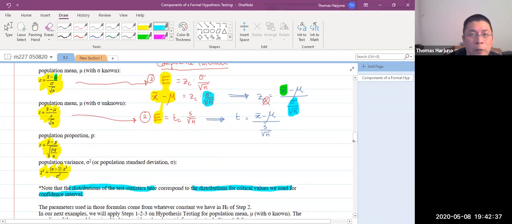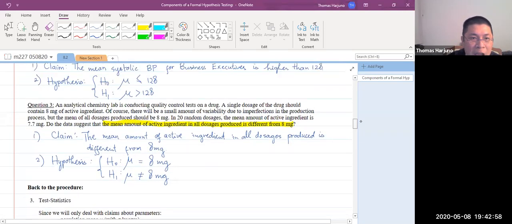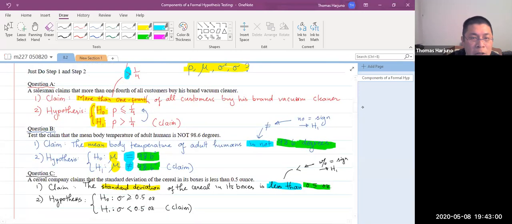In the case of population mean with sigma known, it will come from the constant in the null hypothesis in step 2. If we look back here, it refers to the constant in the null hypothesis of step 2.